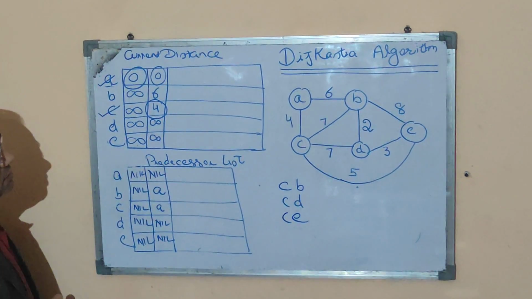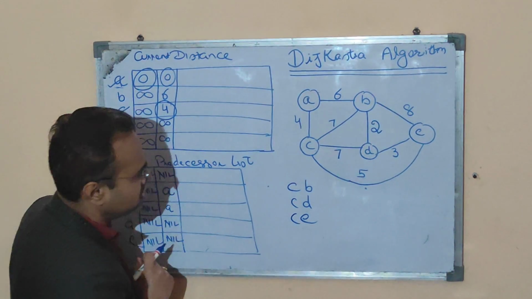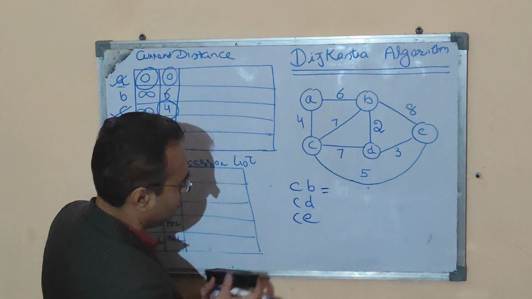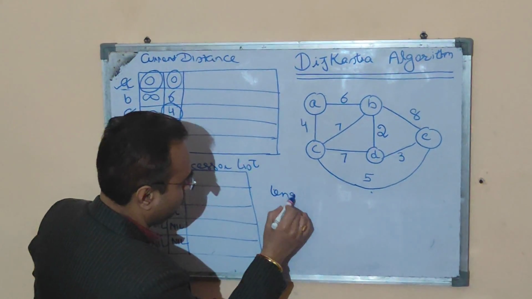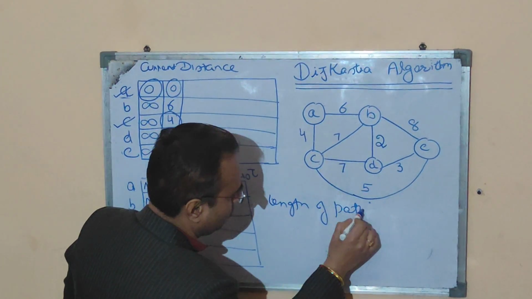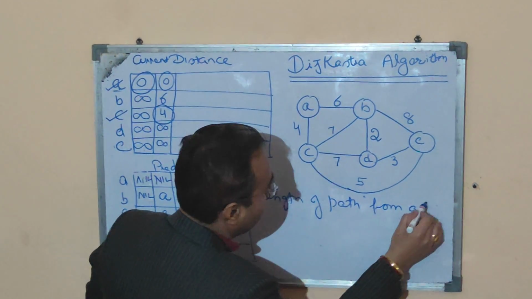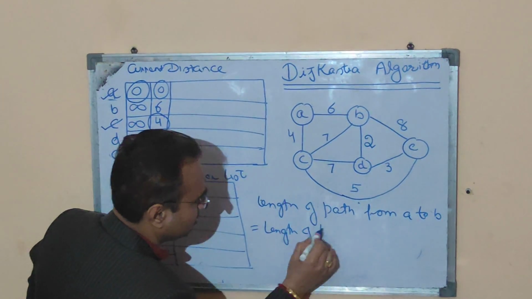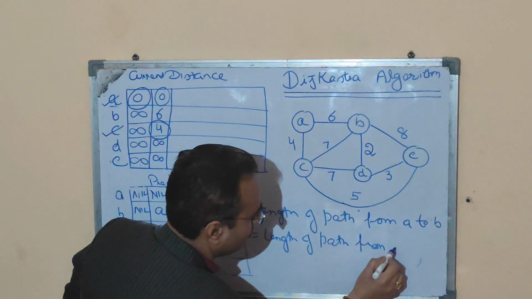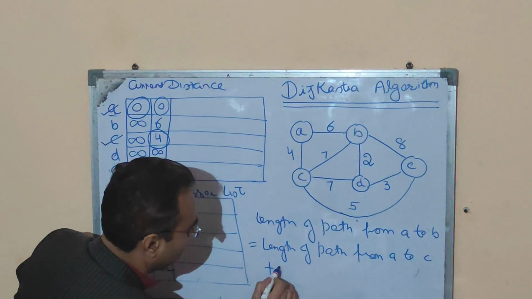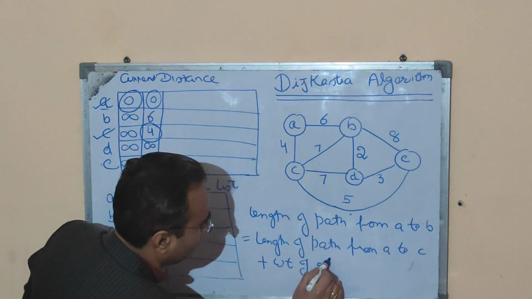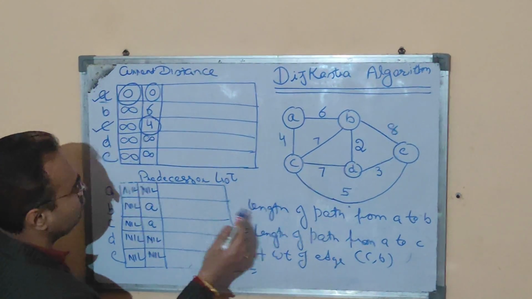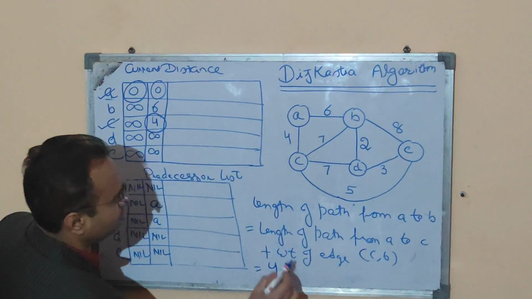For B, the existing path is 6. And if we use this edge CB, the length of the path from A to B will be the length of path from A to C plus the weight of edge C to B. So it comes out to be the length of the path from A to C, which is 4, plus the weight of edge, which is 7.